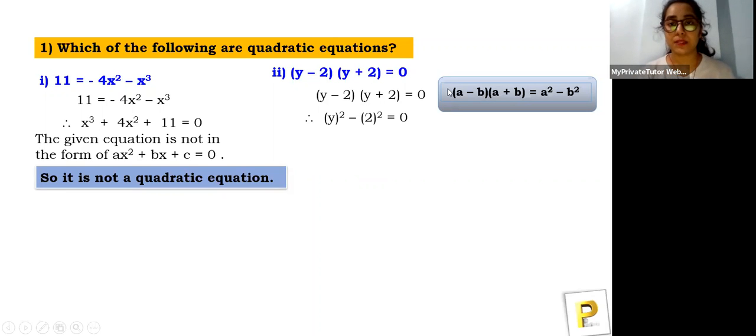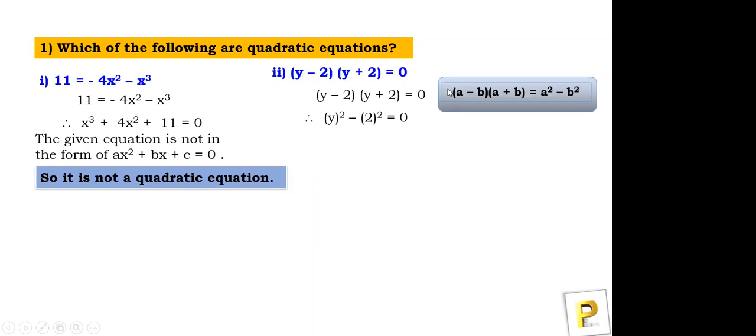So if you observe y square minus 2 square, it is similar to the identity a square minus b square.